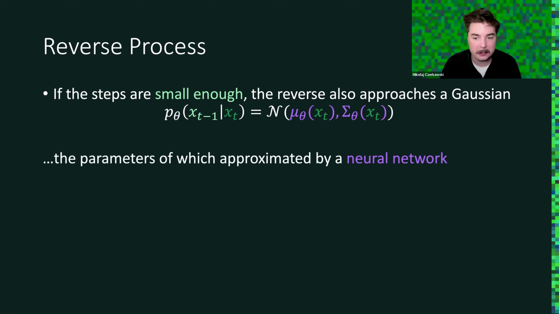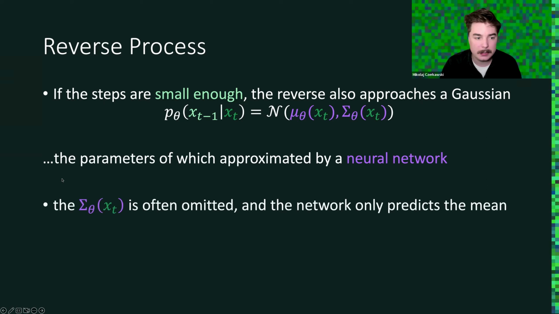These are generally quite complex functions to approximate, and neural networks do a pretty good job at that. Another thing is that in the early works, sigma theta is often fixed as a constant. Without going into the detail, we can actually get a pretty good idea of the variance at each step. However, there were also some follow-up works that indicated that predicting the sigma theta is actually quite beneficial. But we won't be doing that in this particular example, just for the sake of simplicity. We'll focus on the most basic implementation with prediction of the mean parameter.